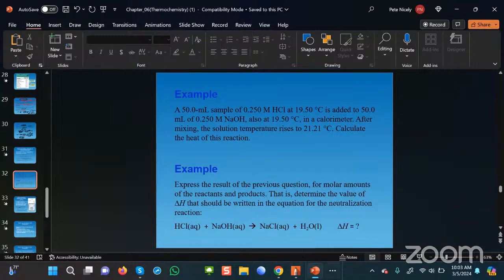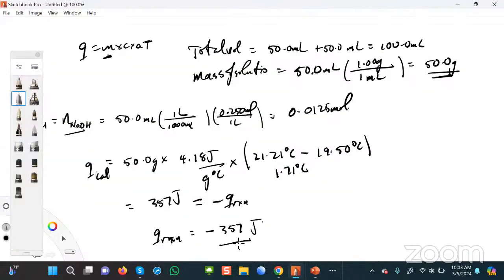That means the value that we calculated in this result right here is for 0.0125 moles of both sodium hydroxide and hydrochloric acid.